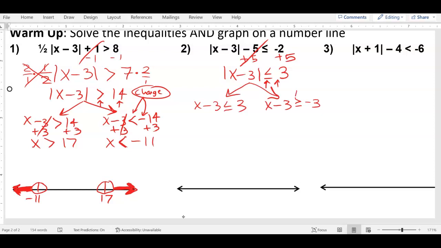So again, this and this had to change. Cool. Let's solve each of these. To get rid of the loner -3s, I'm going to add 3 to both sides. And I'm going to add 3 to both sides.